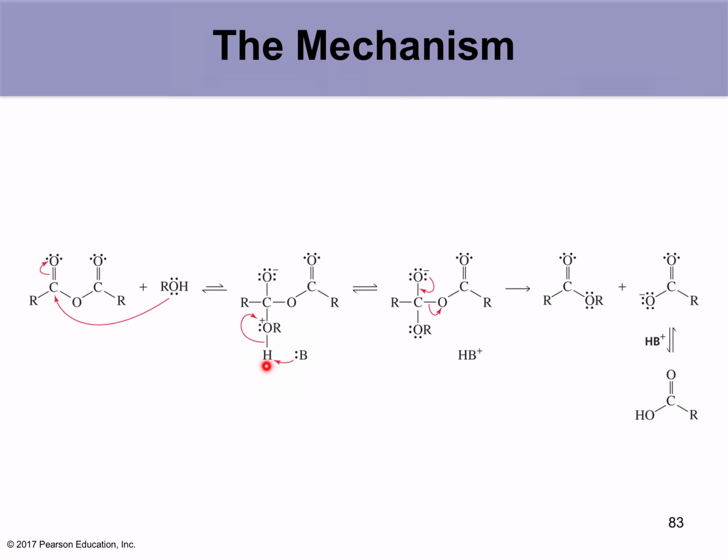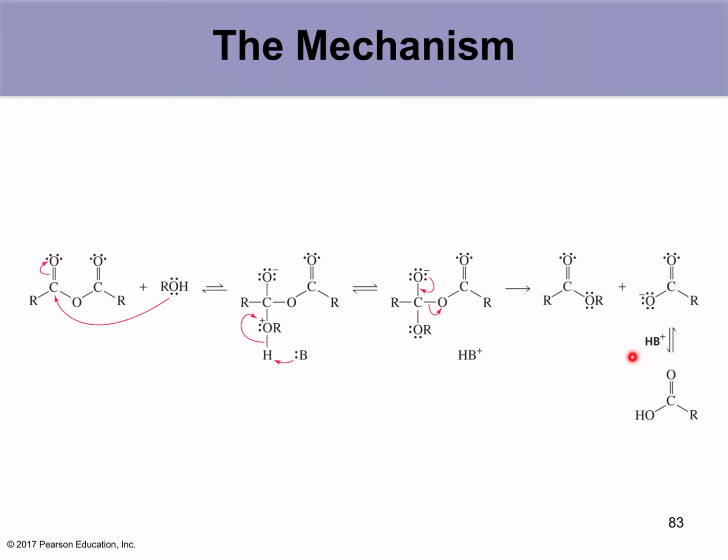Base takes up the hydrogen, it becomes neutral again, and then the negative charge on the oxygen helps to reform the carbonyl carbon, and then it breaks the carbon-oxygen bond. So it forms the ester. Now you have R, C double bonded oxygen, OR group, which is the ester. And from this side you have the carboxylate ion.